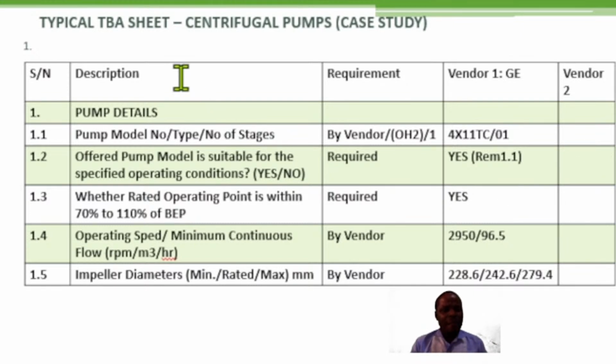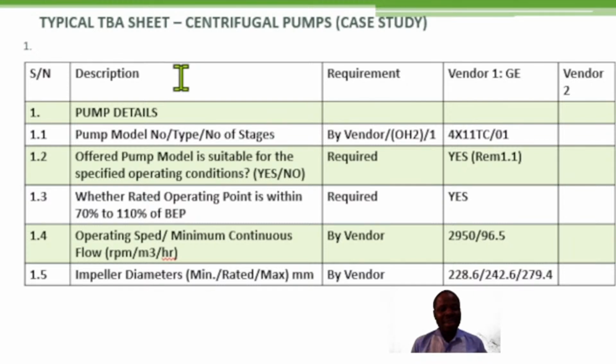And then you have a list of description in which you are going to check the compliance of each of these vendors with respect to this description. So number 1 is the pump model. What is the model that this vendor 1 is intending to supply to you on this particular project?